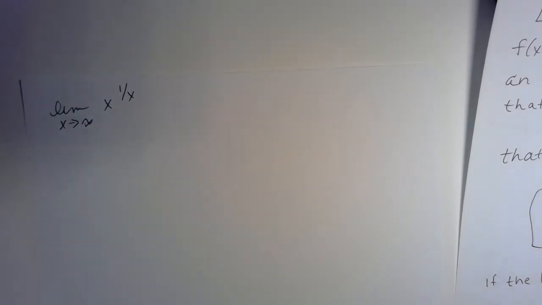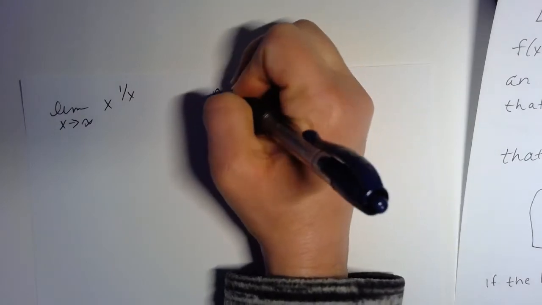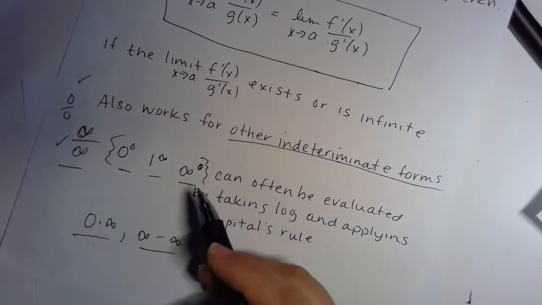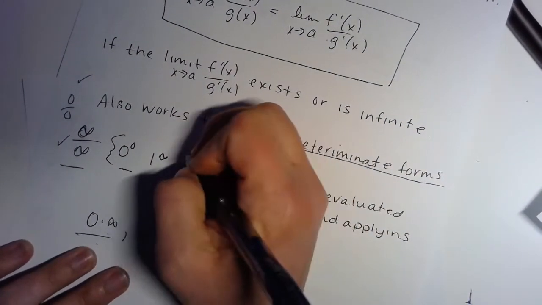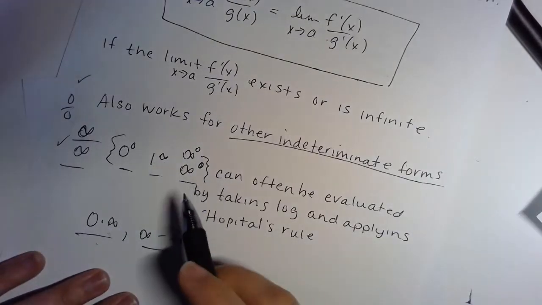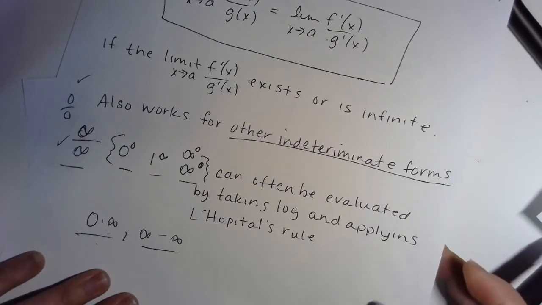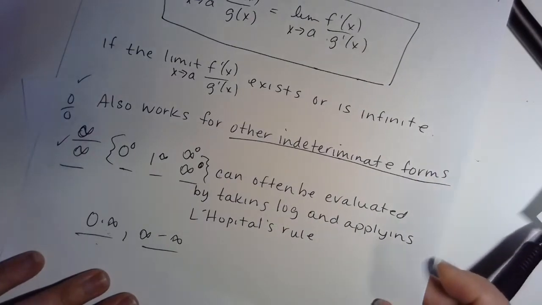So essentially, this gives me an infinity to the 0 power. And that is, in fact, one of my indeterminate forms. Let me write this again: infinity to the 0 power. And I kind of gave a hint here that usually this is evaluated by taking the log and applying L'Hopital's rule to it, okay?